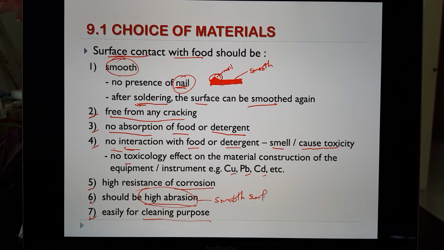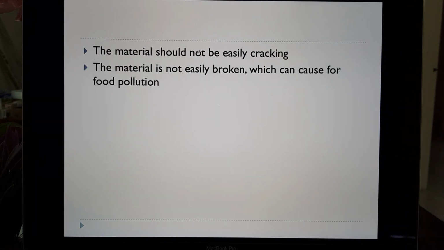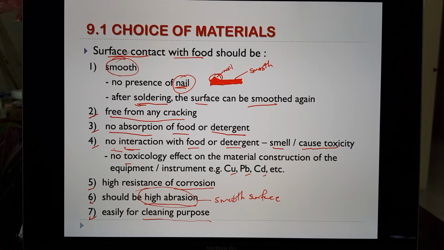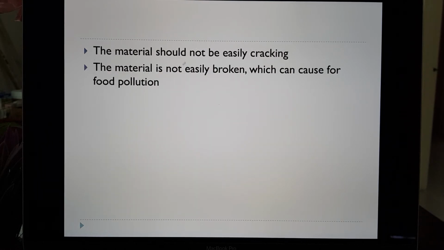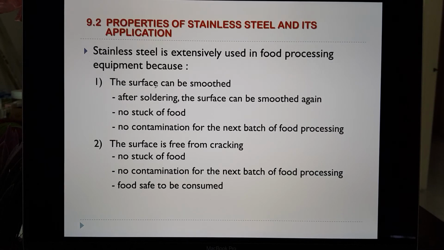Apart from this surface contact with food, the material should also not crack easily or break easily, which can cause food pollution or food contamination.